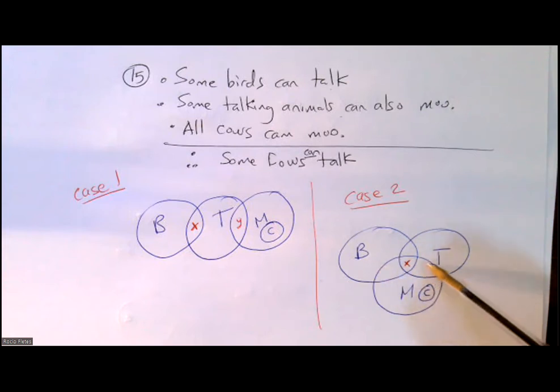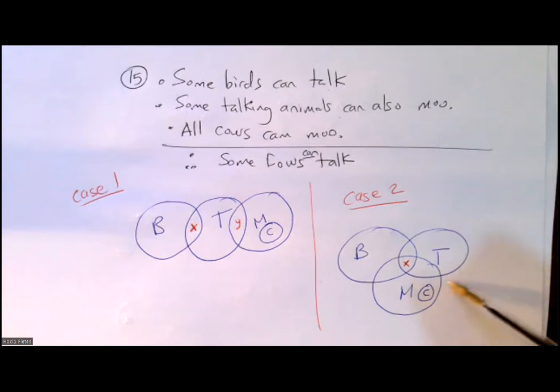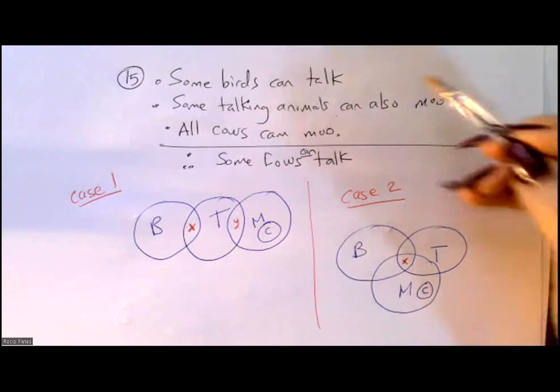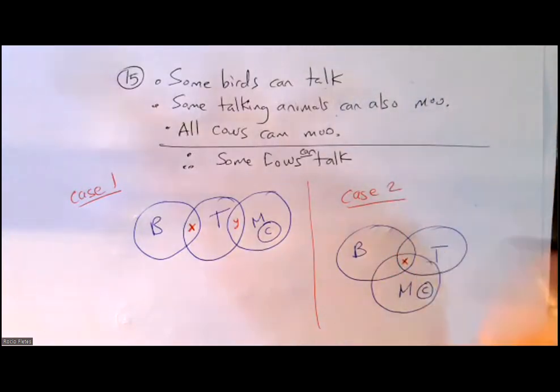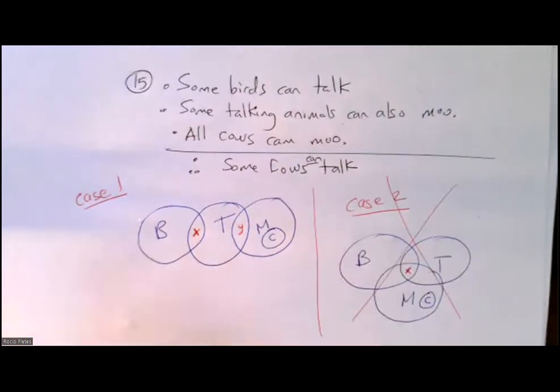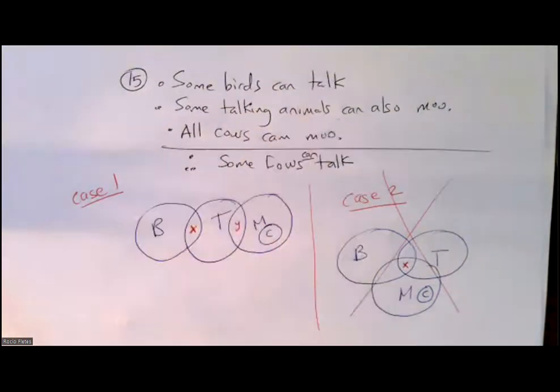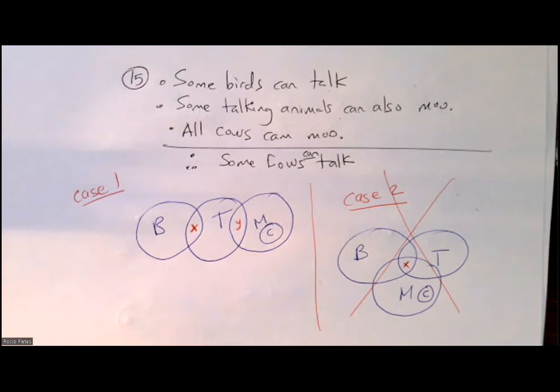So I do not think that we can present case two. I'm going to delete it because nowhere in the premises does it allow me to say that the birds have an overlap with M, right? I just know that some talking animals move, but I'm not sure about the birds. So this is basically the only case.